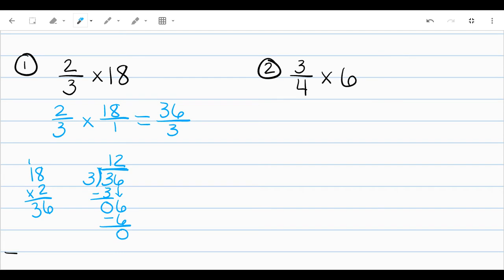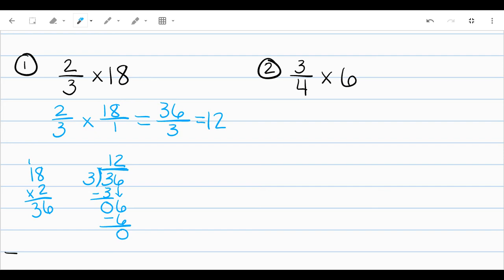So 36 divided by 3 is simplified to be the whole number 12. So when we multiply 2/3 times 18, our answer is 12. And if we think about 2/3 of 18, it is 12, because if we divide 18 by 3, we get 6, and 6 times 2 equals 12.